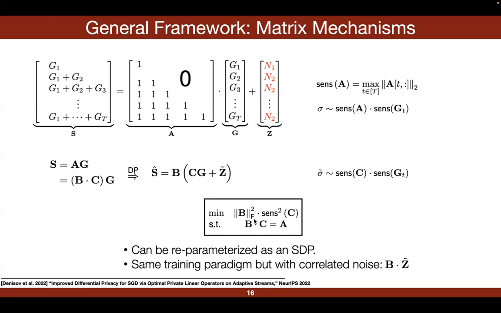I guess I'm just trying to say that adaptivity does not change your privacy guarantee, or the way you factorize these matrices. It could only change maybe the empirical performance, the utility. I see.